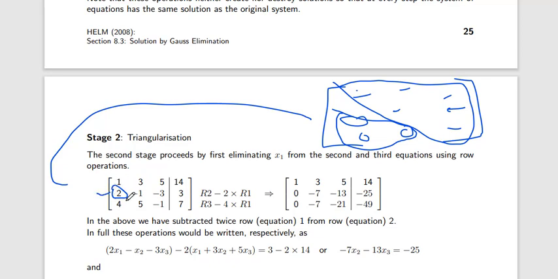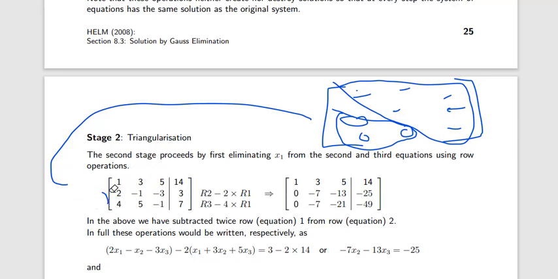How you do it is not the issue. You can use different types of row operations. Either you can multiply the first row and then subtract, or you can divide by 2 and then subtract with this row. We want this to be a 0.